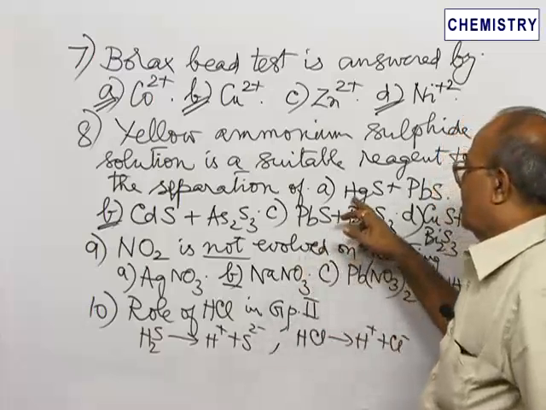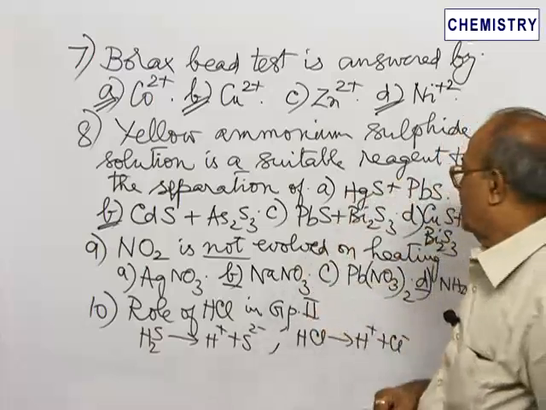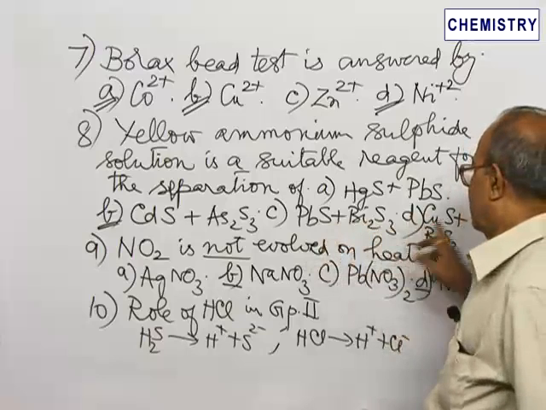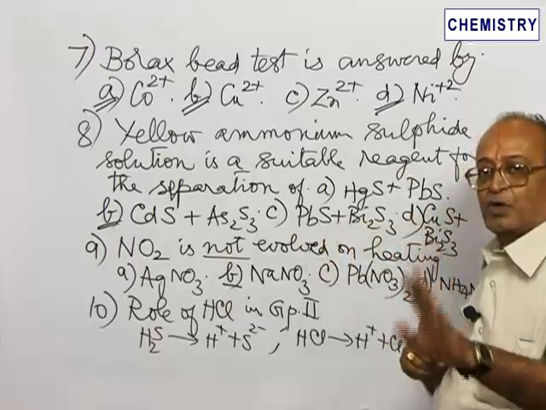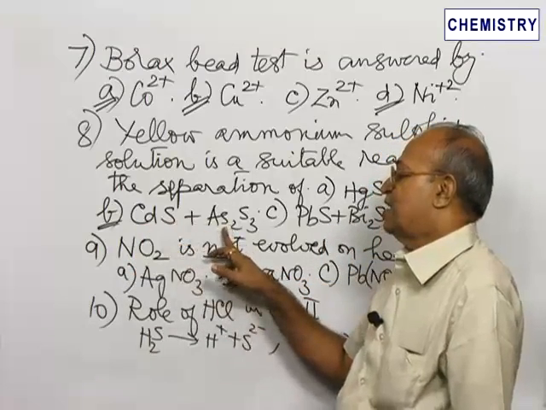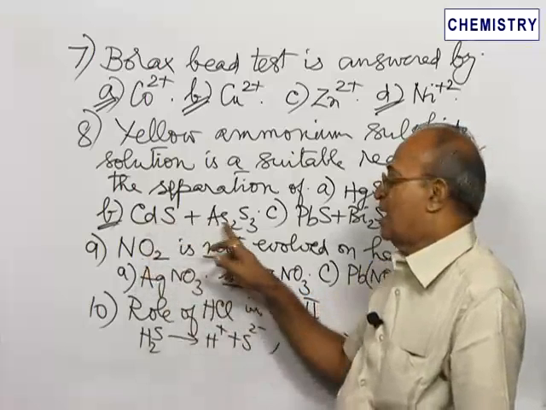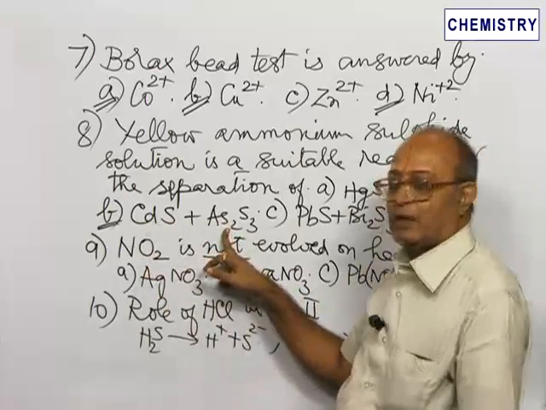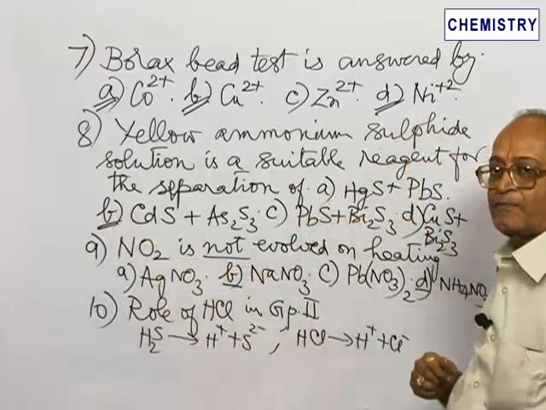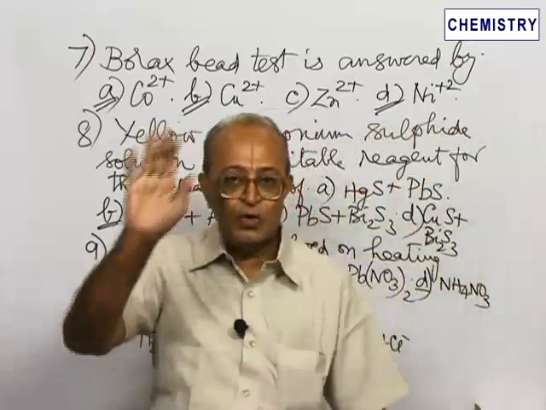Please remember, Hg and Pb form 2A, both of them are 2A. C, lead and bismuth, again 2A. Copper and bismuth, 2A. But B, consider CdS and arsenic sulfide. Cadmium comes under 2A and arsenic comes under 2B in the answer B. Whereas in A, C and D, these three pairs are sulfides of 2A.